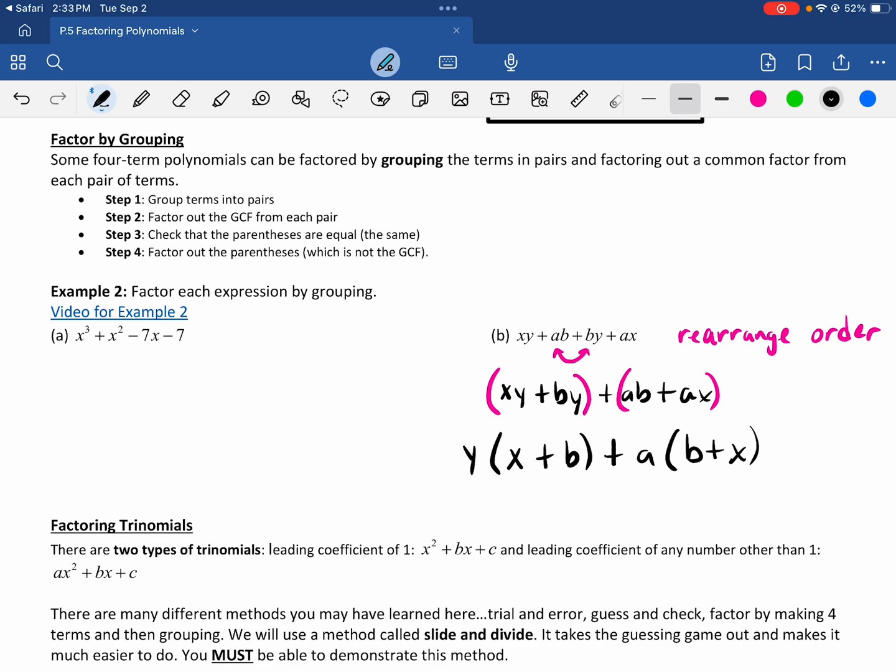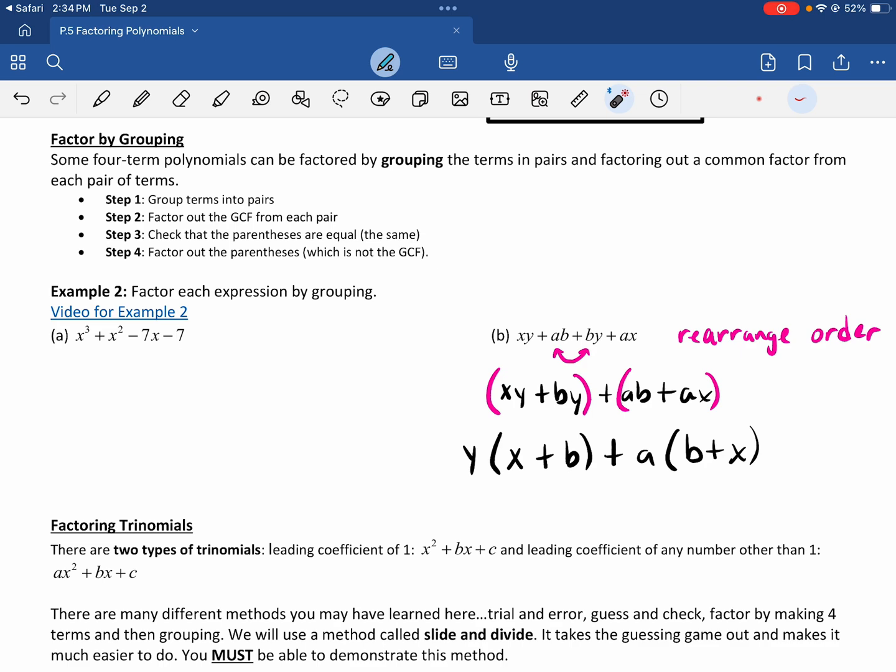And you will know that you have done it correctly if what you have left on the inside of your parentheses, so here and here, are exactly the same. In this case, they are the same even though they're written in an opposite order. x plus b is the same as b plus x.